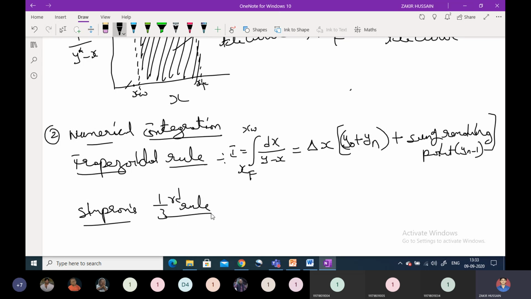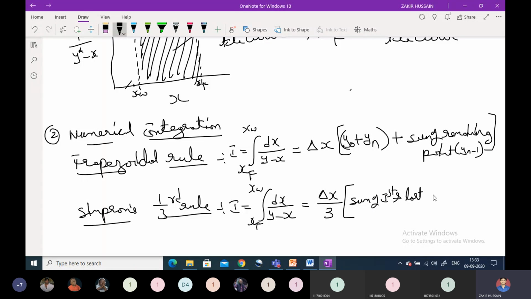Otherwise we can use Simpson's 1/3 rule. The same integral, the integral of dx by y minus x, is equal to delta x by 3. Since its denominator is 3, this is known as Simpson's 1/3 rule. What this rule says is delta x by 3 times the sum of the first and last ordinates. In the graph paper, the y-axis is called the ordinate and the x-axis is called the abscissa.